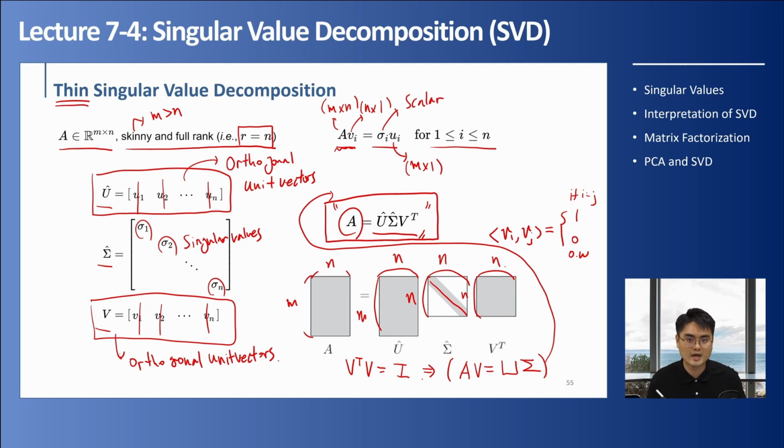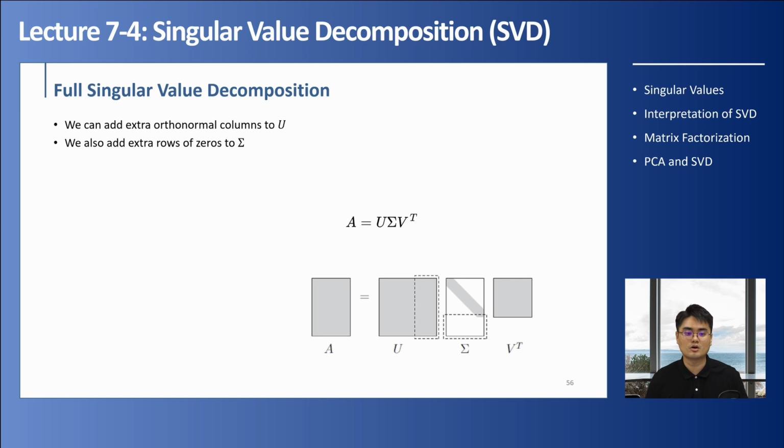Before doing that, let's also talk about full singular value decomposition, which we're not going to do very much in practice, because usually we are doing singular value decomposition with a thin matrix. If you want to do full singular value decomposition, you can simply add some extra orthonormal columns to U. Here, this was actually 0. There was nothing here in the previous slide.